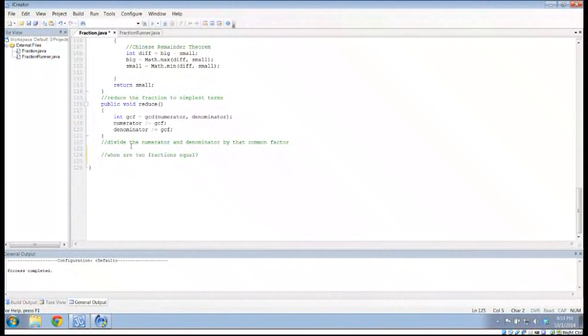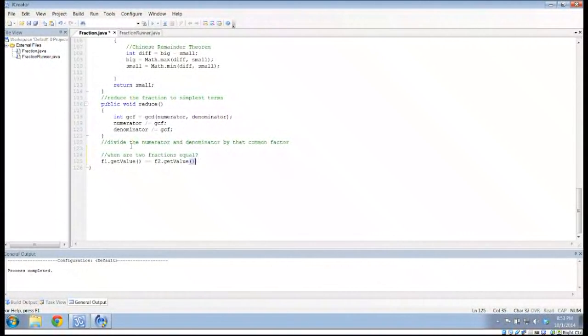And of course, one way to look at it would be to say, if the first fraction's dot get value was equal to the second fraction's get value.